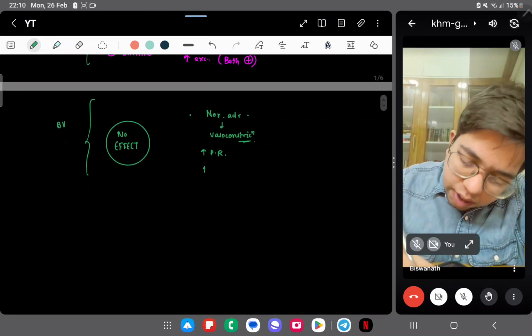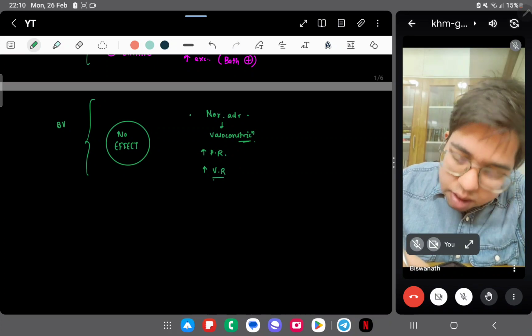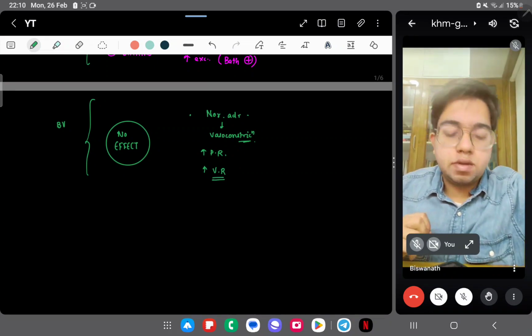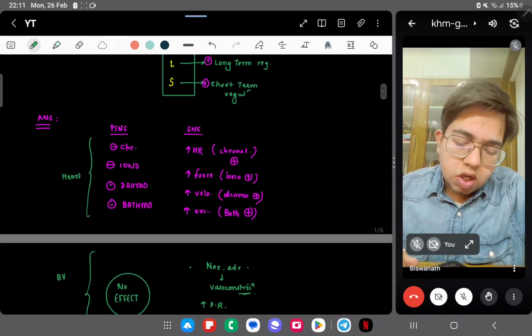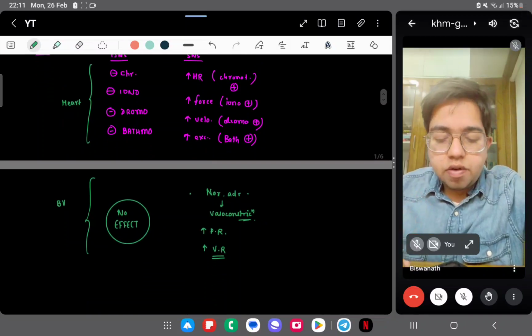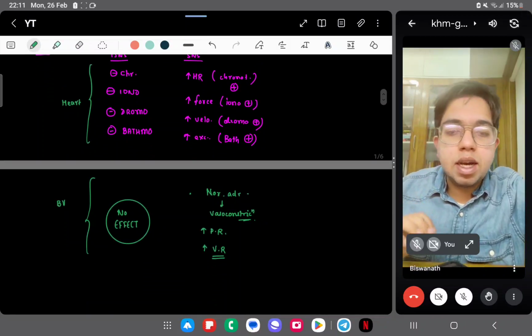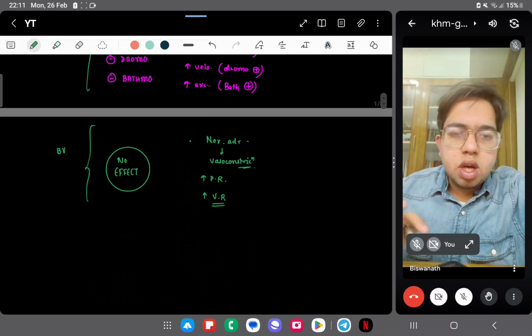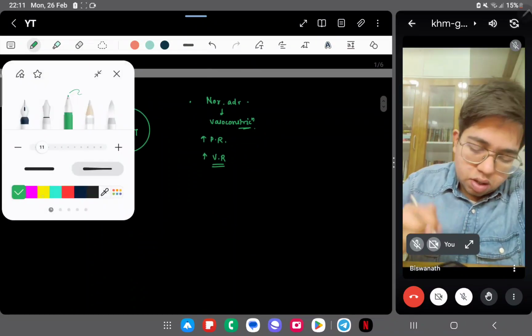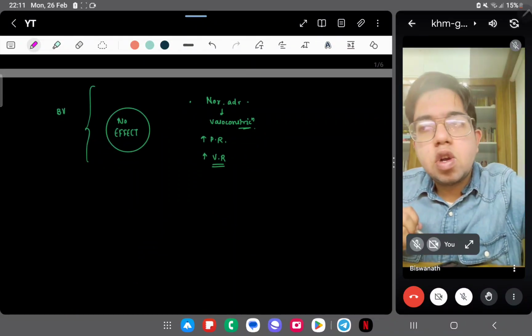It will increase the venous return. Understood? Now you know how the ANS is basically controlling the blood pressure. Let's move on to another one.